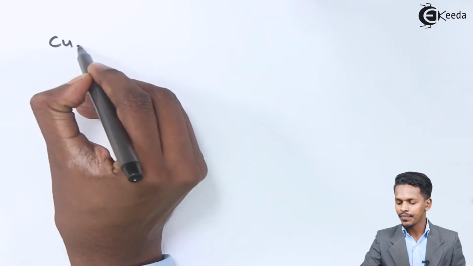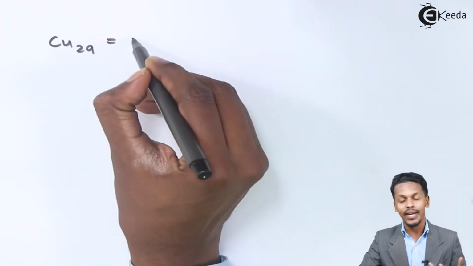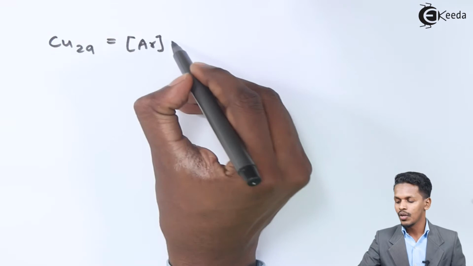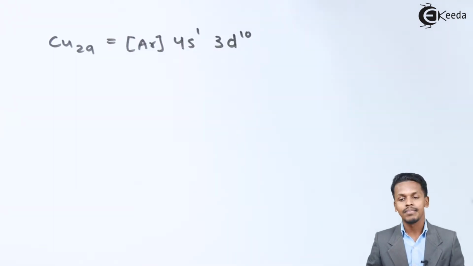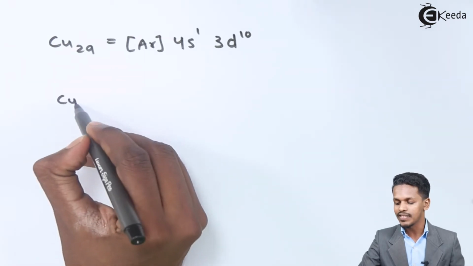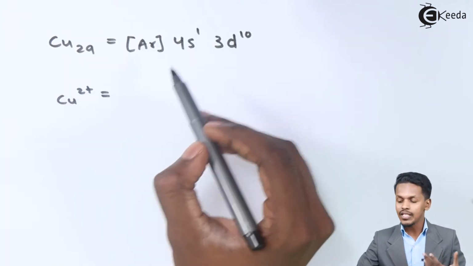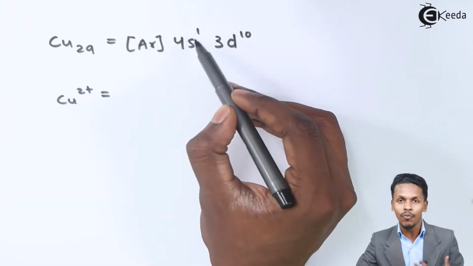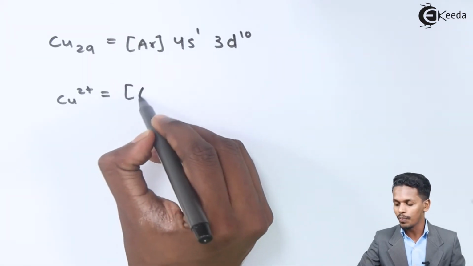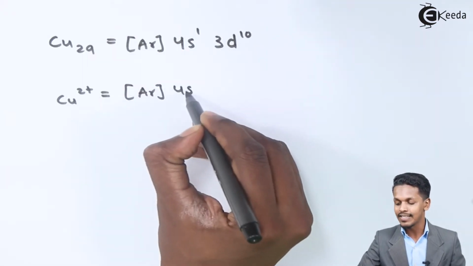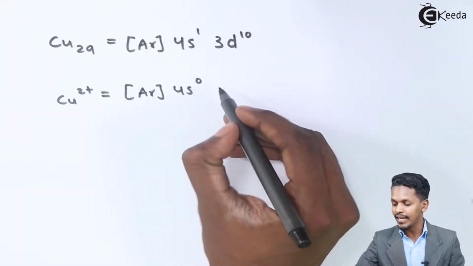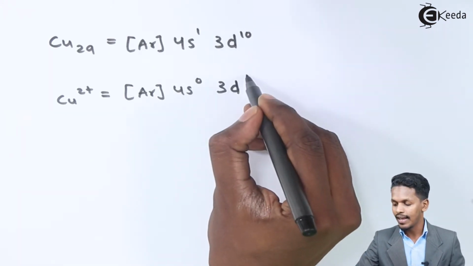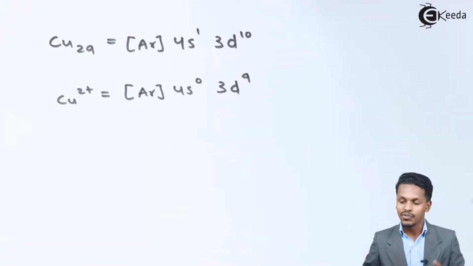Suppose I'm talking about copper, which has an electronic configuration we could write here as argon 4s1 3d10. In the case of the Cu2+ ion, one electron will be eliminated from the 4s orbital, so we get 4s0, and one electron will get eliminated from the d orbital, making it 3d9.